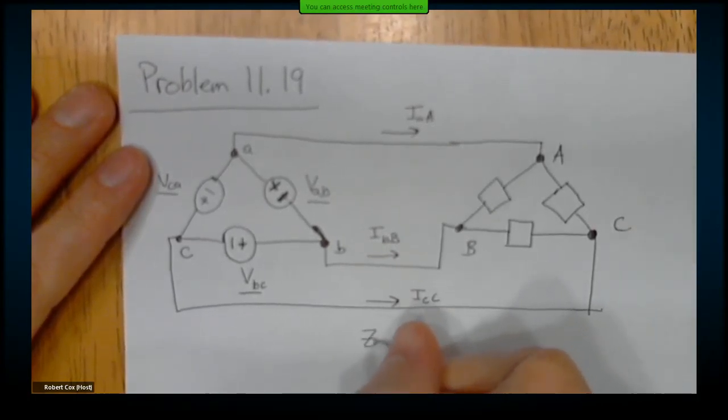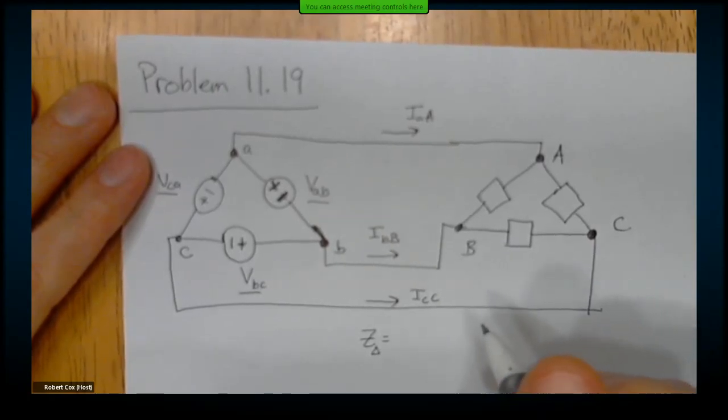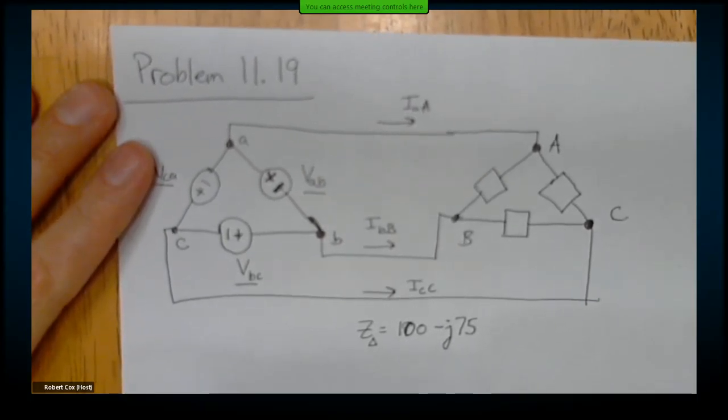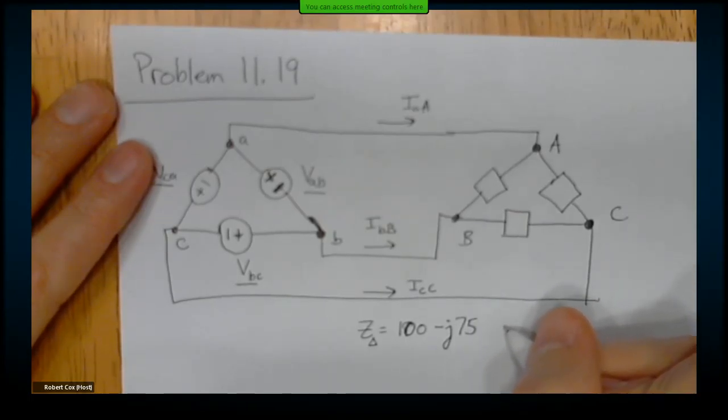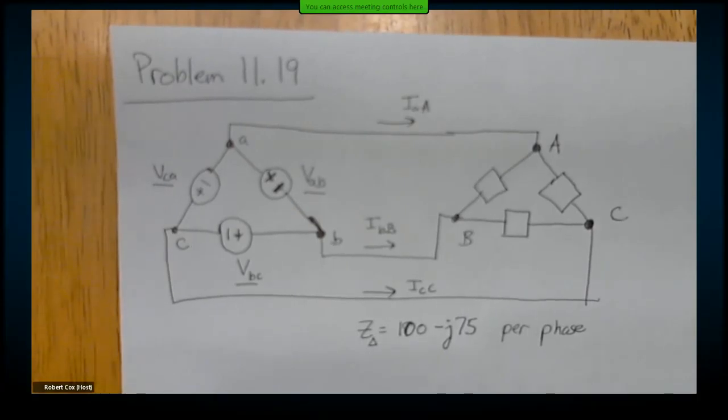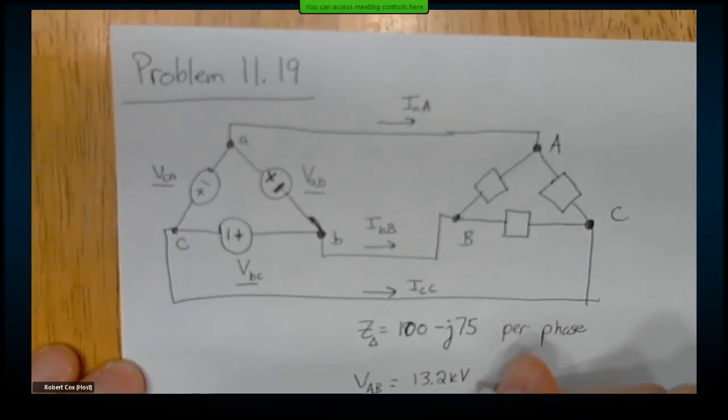The impedances in the delta are 100 minus j 75, and that is the impedance per phase. Now, VAB is 13.2 kV at 0 degrees.